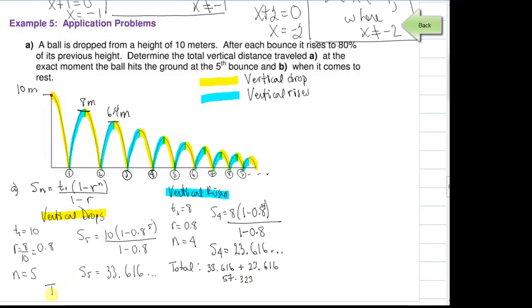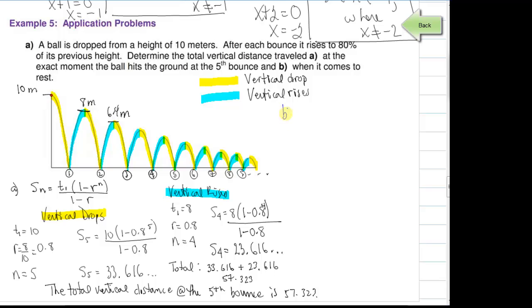Okay, so the total vertical distance at the fifth bounce is 57.323.